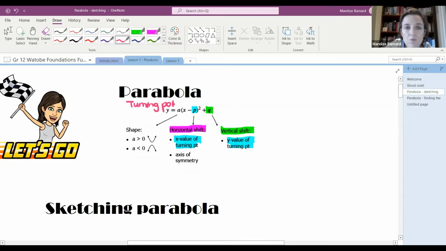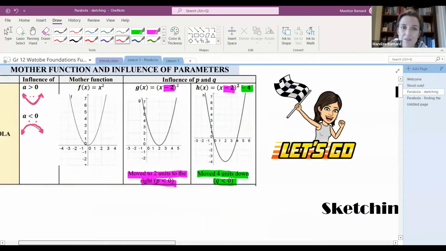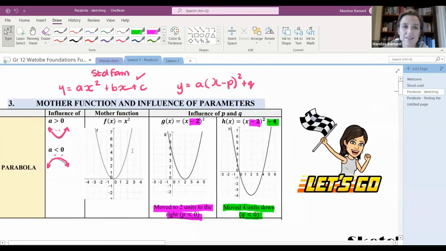Turning point form, because we can read off literally from P and Q what the coordinates of the turning point are. And if it is in standard form, if you remember what I just said, it is y equals ax squared plus bx plus c.